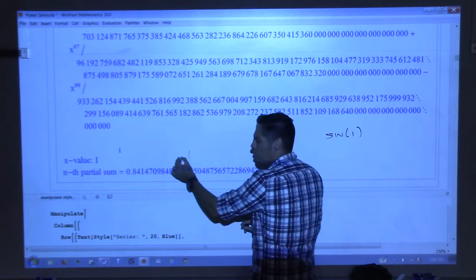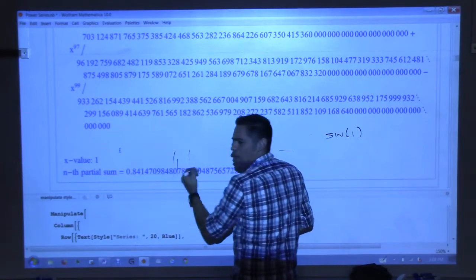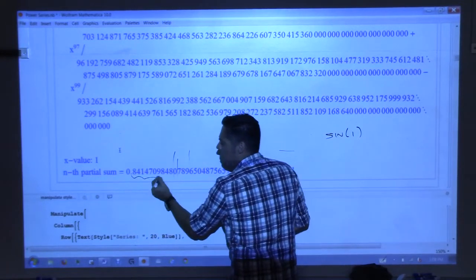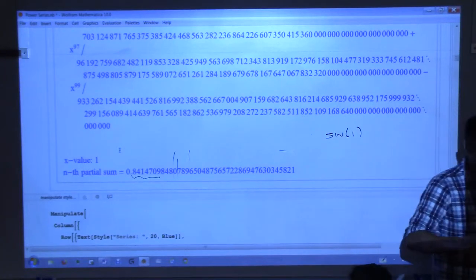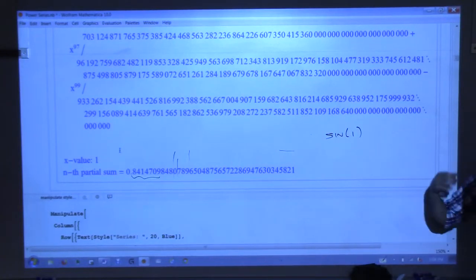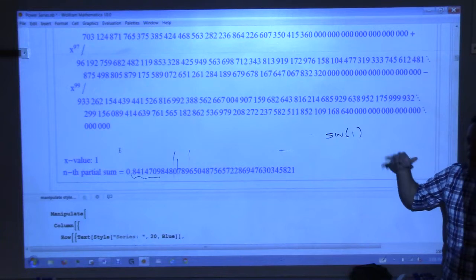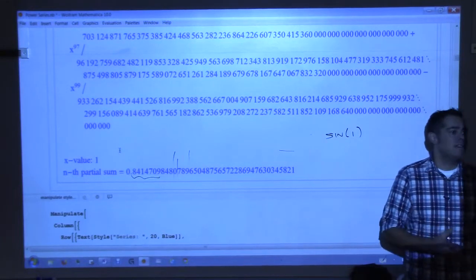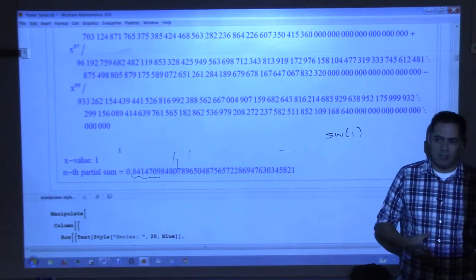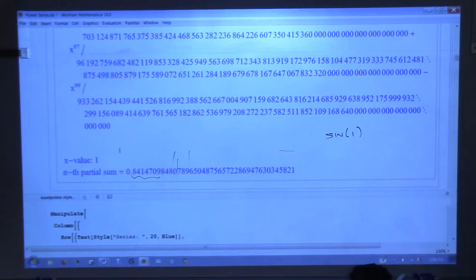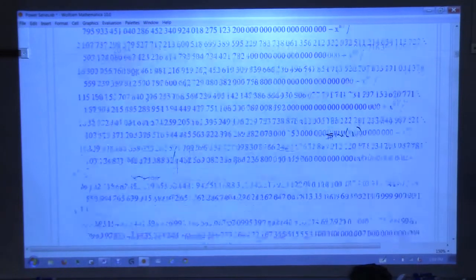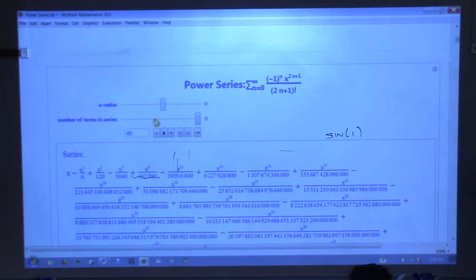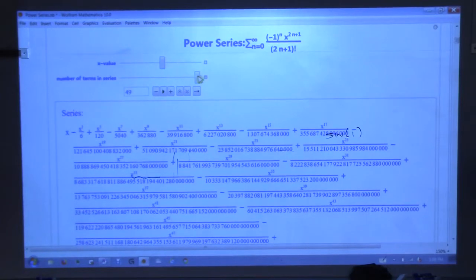So a lot of times in the real world, we don't need to go this far. If you have that number within maybe 6 decimal places, you're good to go. So in the real world, the power series can take the place of functions that we deal with. And the great thing about the power series is that, what do you need to compute a power series?